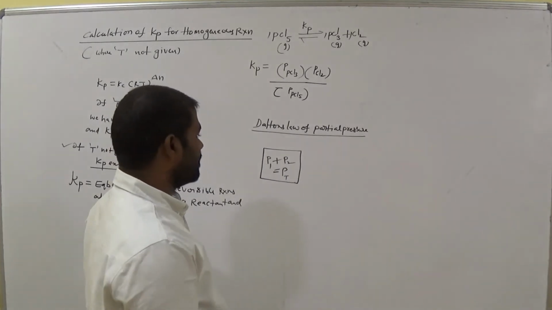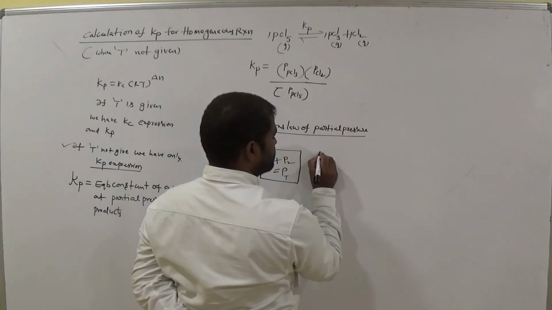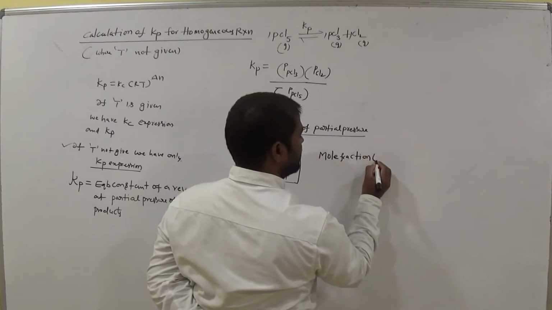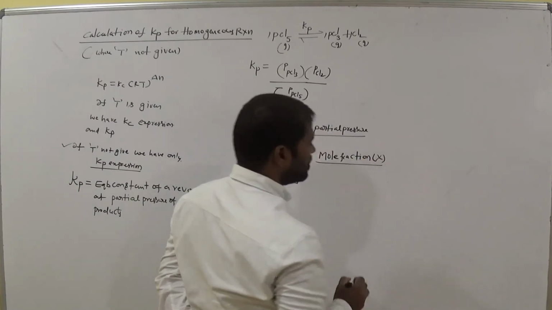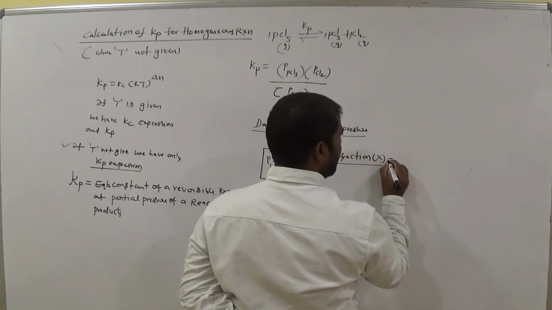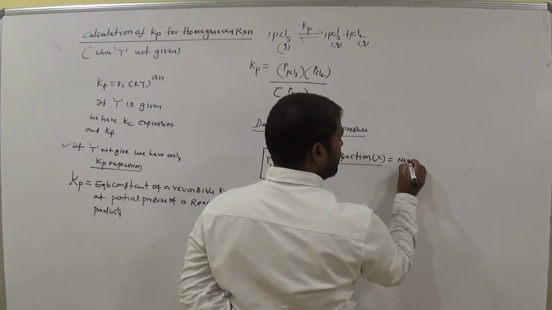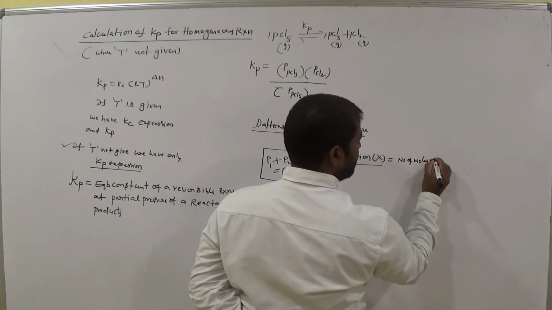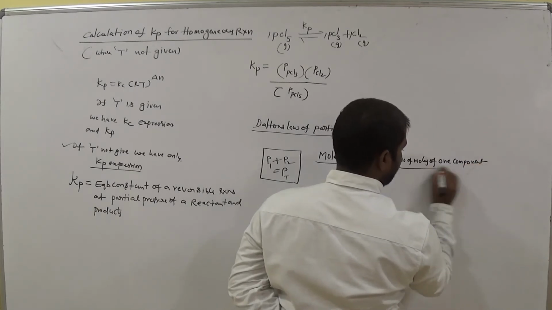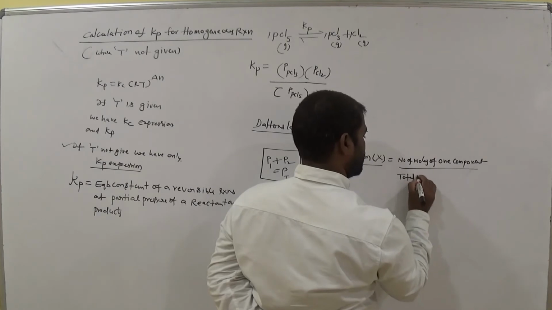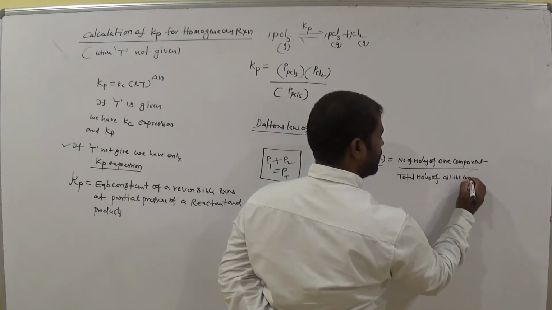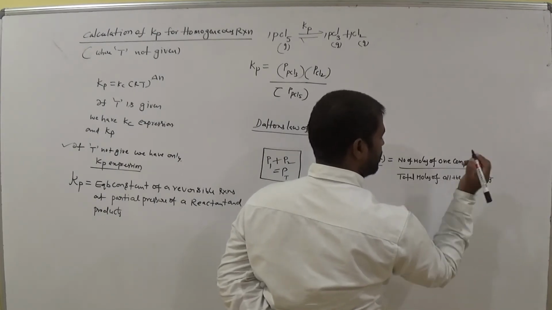Here we have the relation with mole fraction, denoted with chi, like X. Mole fraction X equals the number of moles of one component divided by the total moles of all the components, simply total moles.